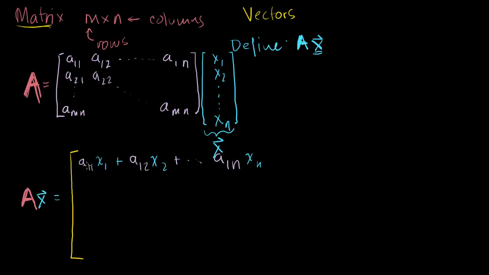So that's just the first entry. The product of this m by n matrix and this n component vector will be a new vector, the first entry of which is each of these entries times the corresponding entry here, and you add them all up. And as you can see, that's already looking fairly similar to a dot product.